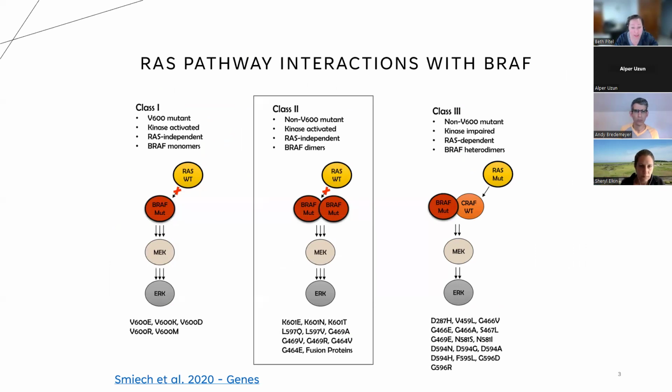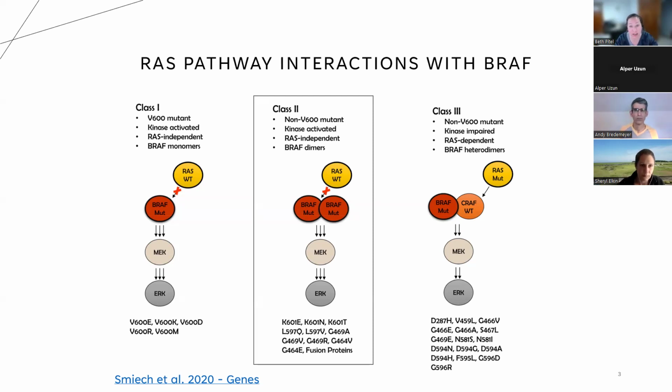So I wanted to show kind of the RAS pathway interactions with BRAF to show how these things work. And so you can see in class 1, it's RAS independent. You have your BRAF mutation and it goes ahead and activates MEK and ERK and all of your downstream targets from there.